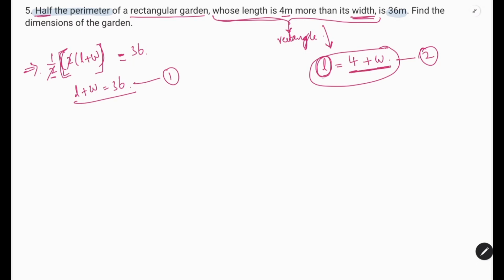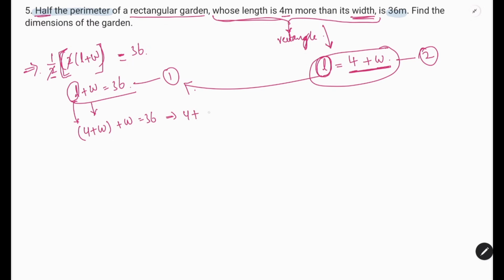So substitute length in the first equation. Instead of this L, we will write 4 plus W. See here, in length plus width equal to 36, instead of L we will write 4 plus W, plus W equal to 36.